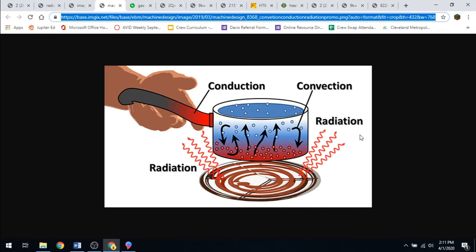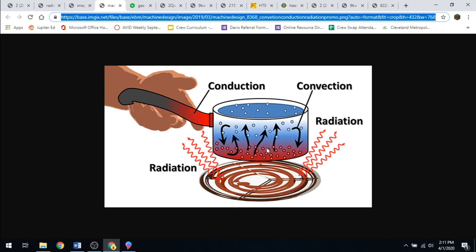Okay, so in this picture, we can see all three types of thermal energy transfer. If you've got an electric stove here, there's heat being given off by the stove, and that can be radiation. It also is heating the air around the stove, so that's convection.